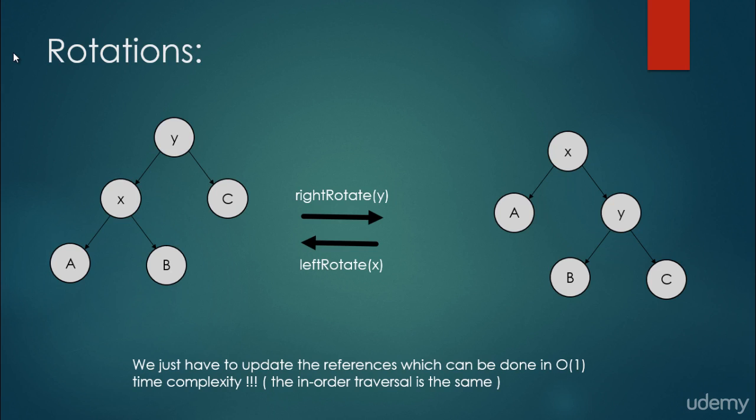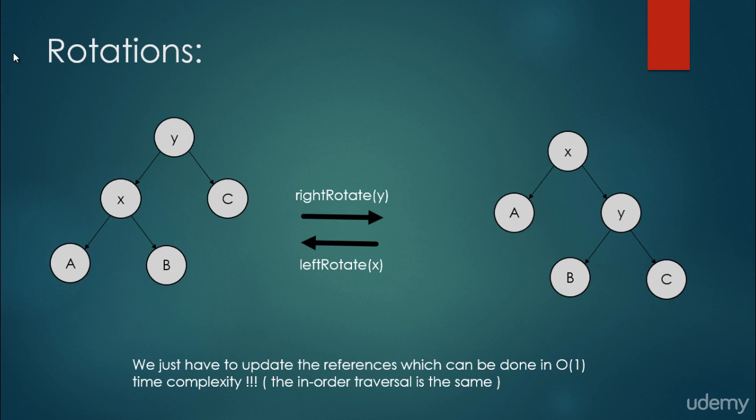And as you see, the in-order traversal is the same, so the rotation doesn't change any property of the tree. For example, the in-order traversal of the left tree is A, X, B, Y, C. The in-order traversal after the rotation on the right tree is A, X, B, Y, C. So it is the same.